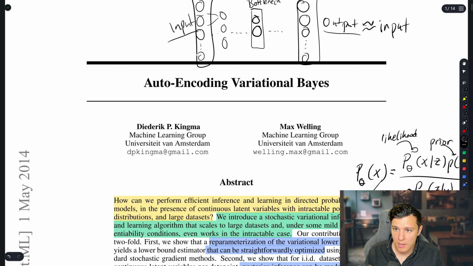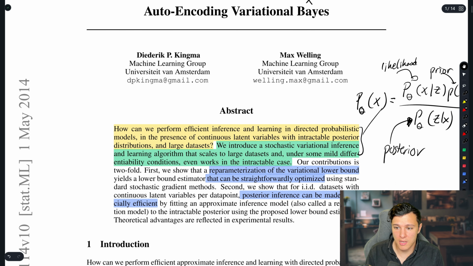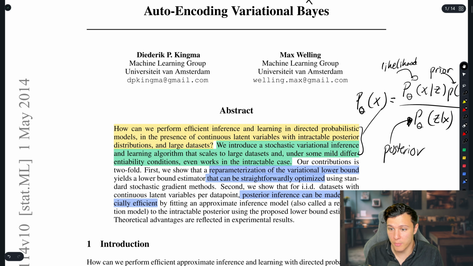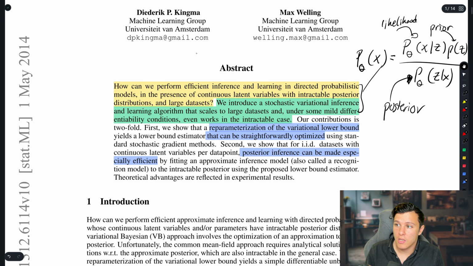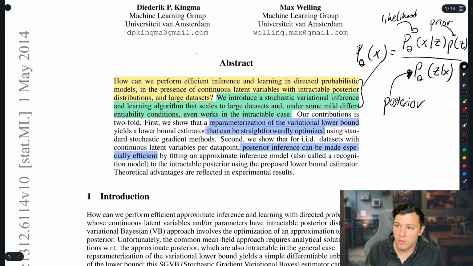So first of all, here X is the output, and Z, the latent space, is the bottleneck layer. What they mean is that they want to learn this probabilistic model in the presence of continuous latent variables with intractable posterior. So we want to have this probability distribution over the output images, parameterized by some weights, theta.